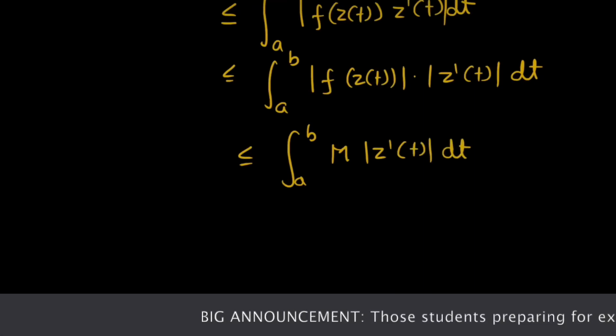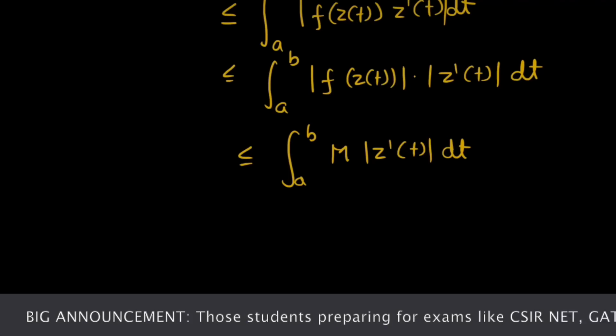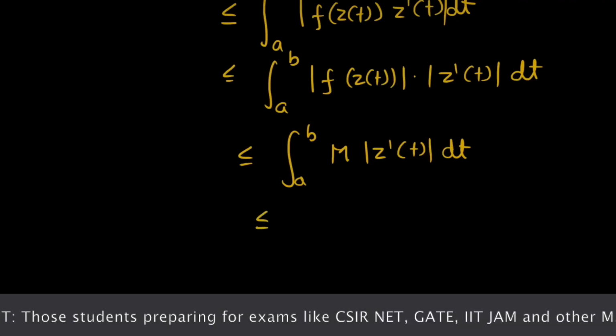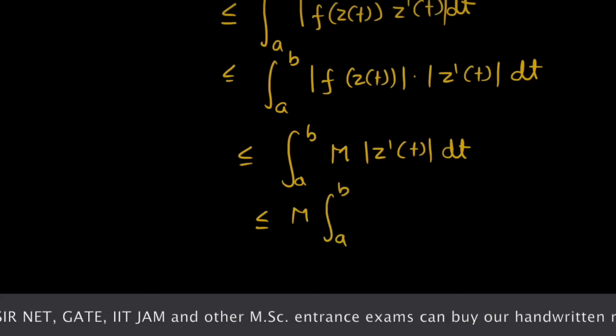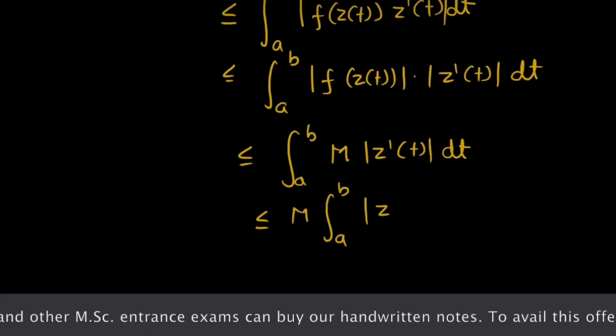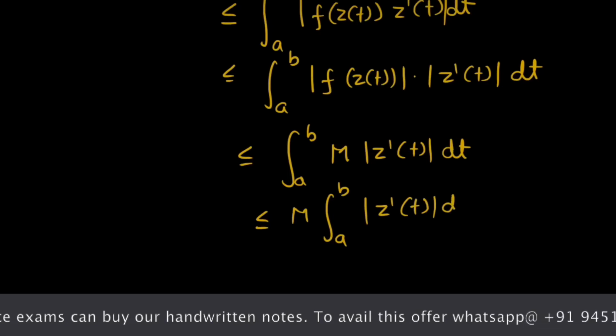Now replacing the modulus of f with big M, and we have the modulus of z prime t dt. Now taking this big M outside the integration sign, we'll have M times the integral from a to b of the modulus of z prime t dt.